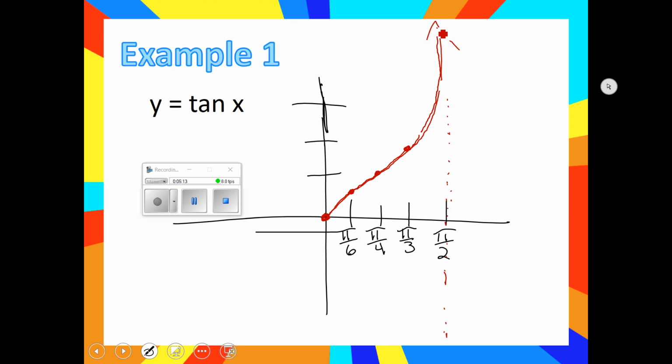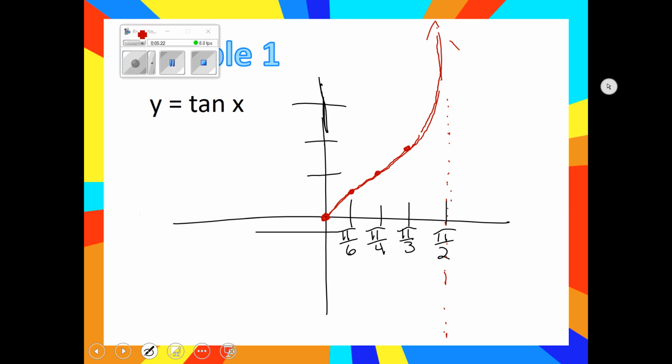Okay? Now, I'd like to go back that many. For example, I'd like to go negative pi over 6, negative pi over 4, negative pi over 3, and then pi over 2. Okay? So we know on our unit circle, if you go to your handy dandy copy of our unit circle, if I'm going negative pi over 6, where am I actually going?